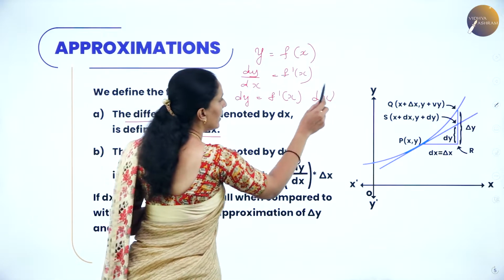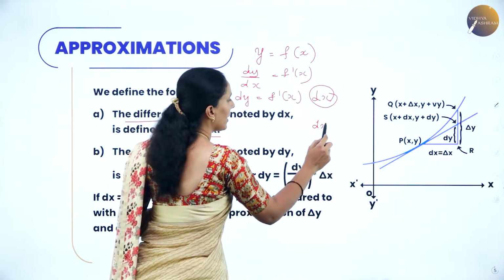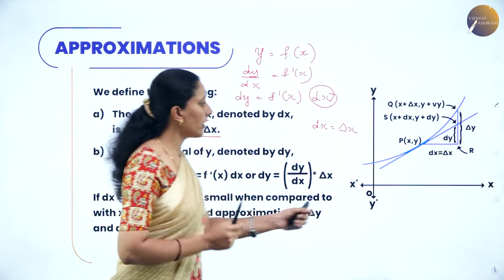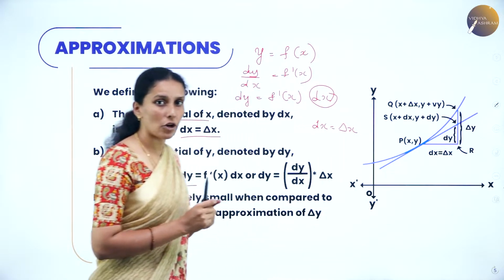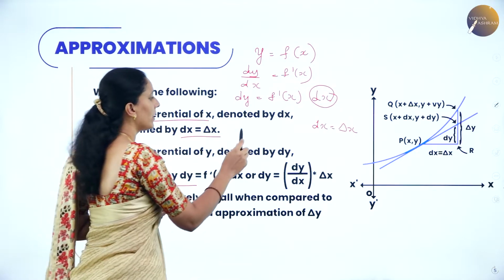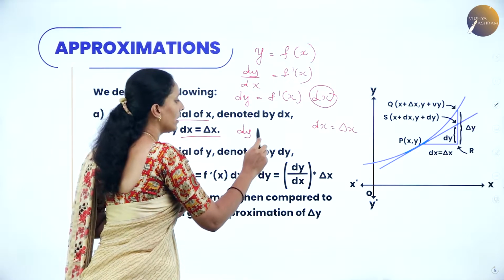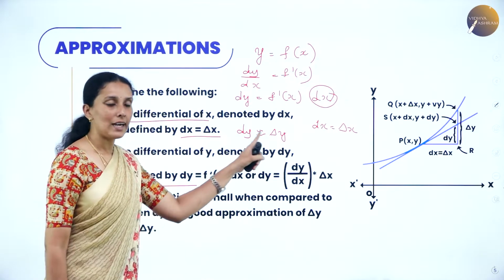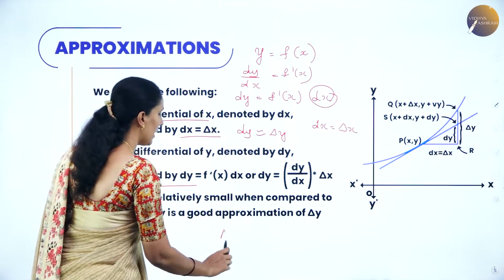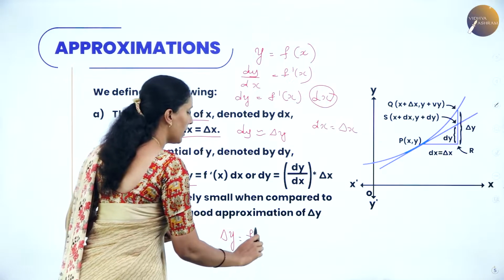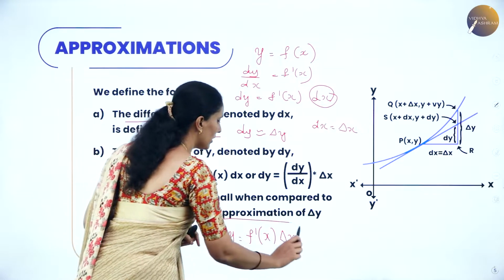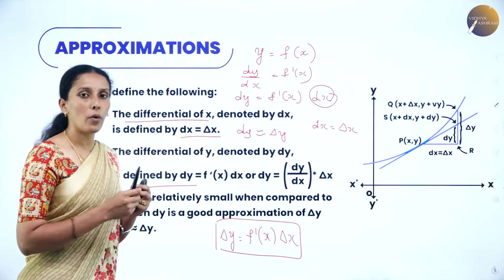Now, whenever dx is equal to delta x, that is, the small increment of x is equal to the differential of x, we can approximate the value dy as approximately equal to delta y, and this delta y is given by delta y is equal to f dash of x into delta x. Then how are we going to write?